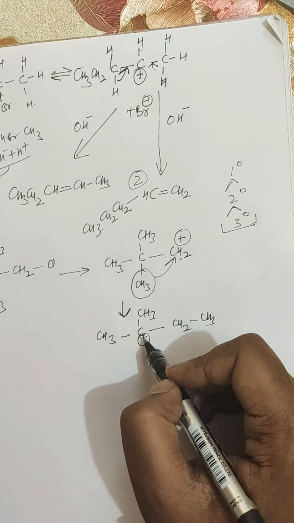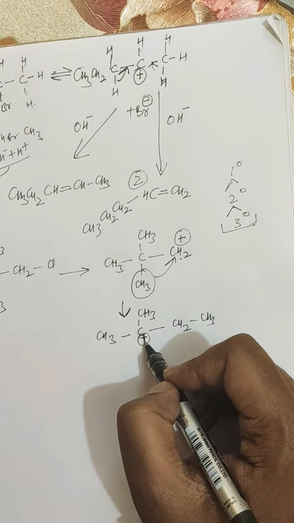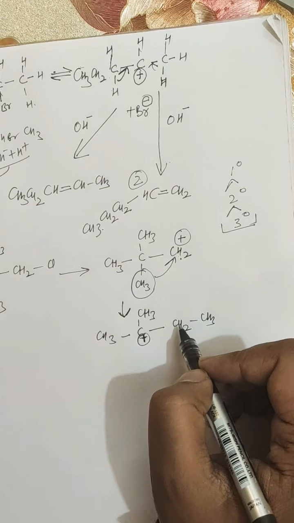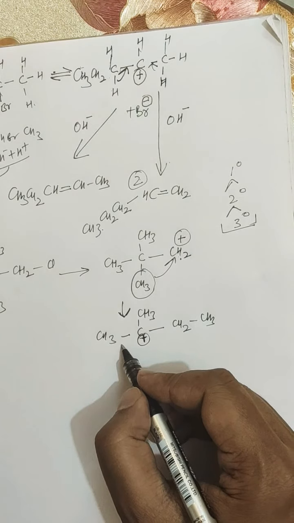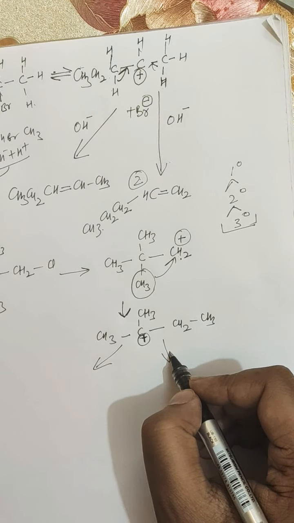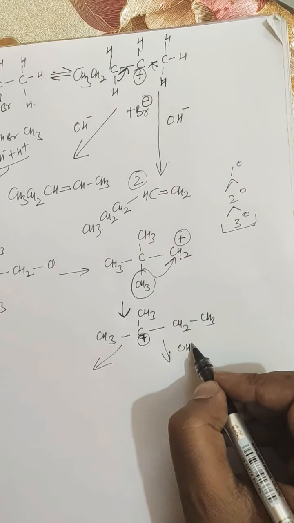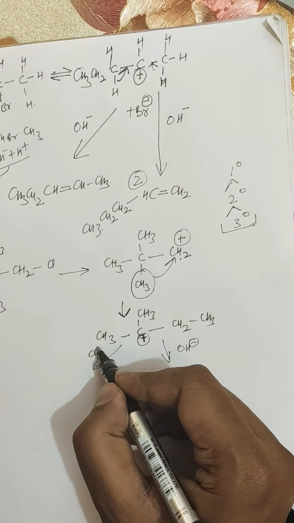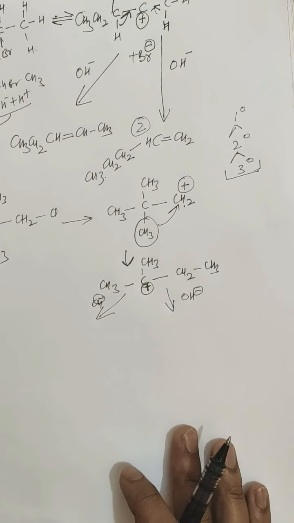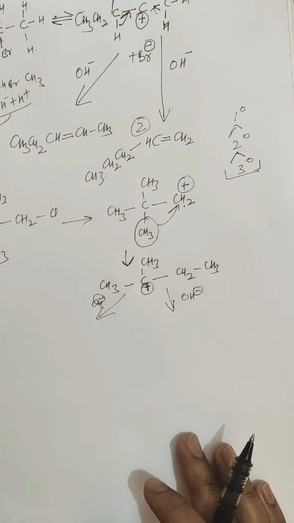So this carbon carrying the positive charge is attached to three other carbons, first, second and third. Now two products are formed by the attack of the base in a similar manner as I told you in our last reaction.